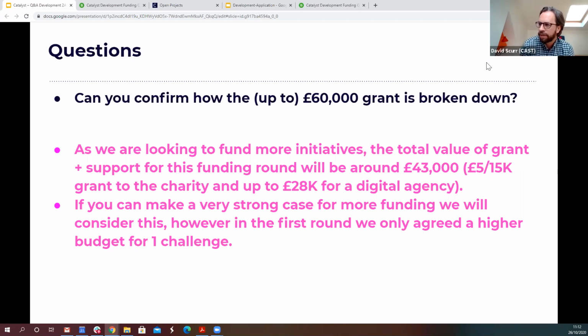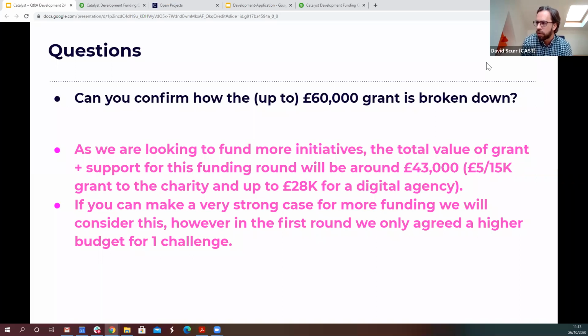And as we are looking to fund more initiatives, the total value of grant plus support for this specific funding round of development will be around £43,000. So a breakdown of £5,000 to £15,000 grant for the successful applicants to the charity, and up to 28,000 for a digital agency. So that's the sort of overall figure we're looking at.